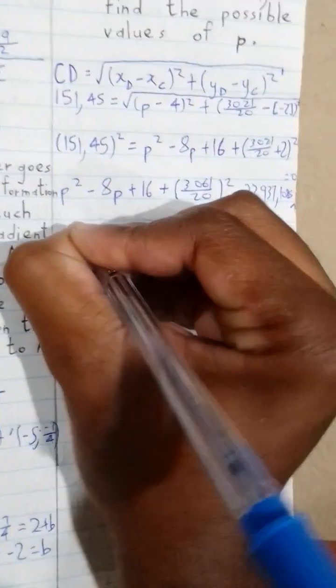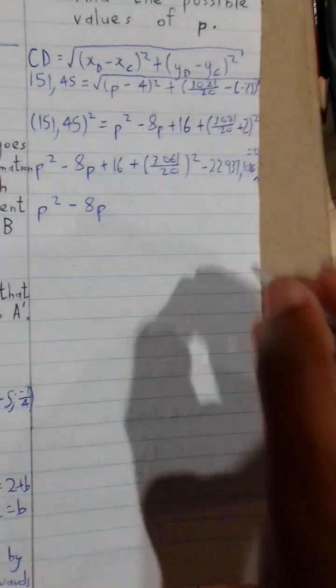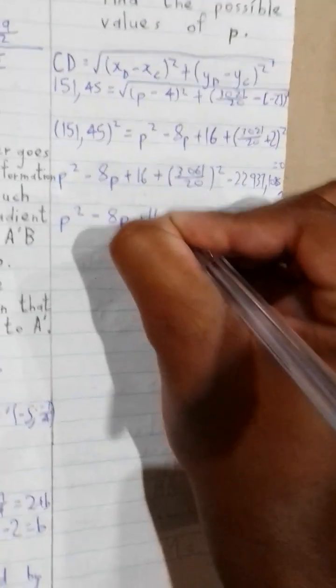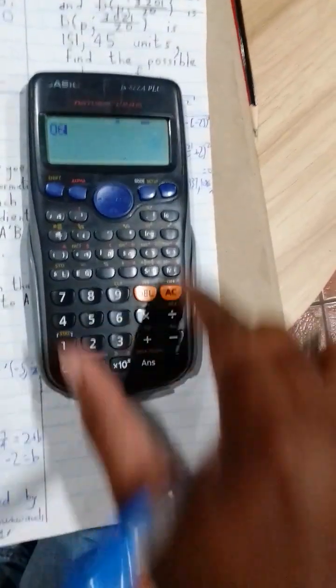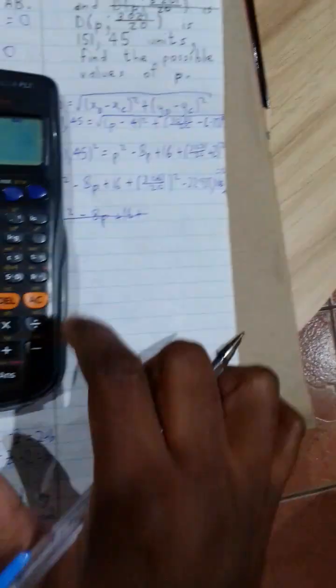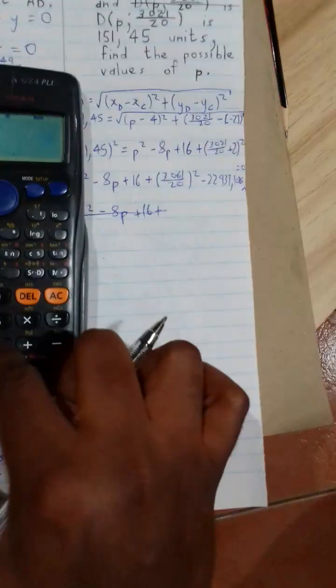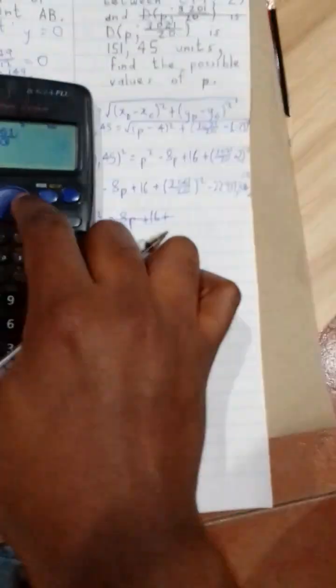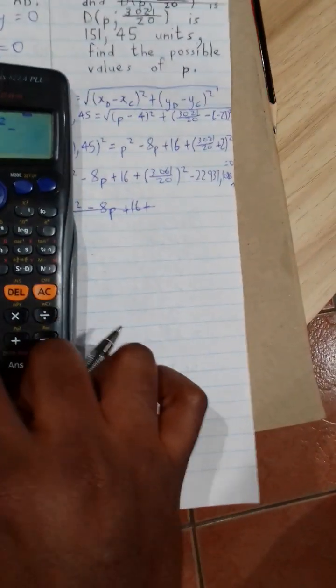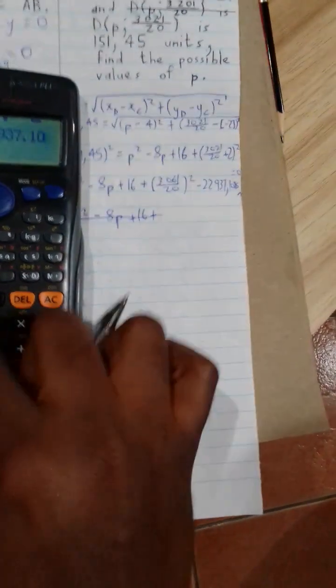So p squared minus 8p plus 16 plus this minus this, sorry. That gives 2516 over 5. So p squared minus 8p.